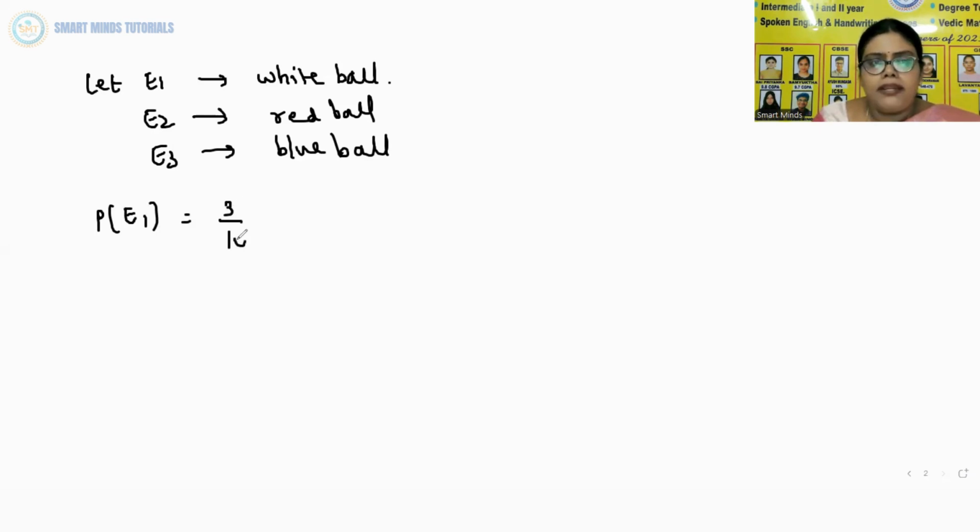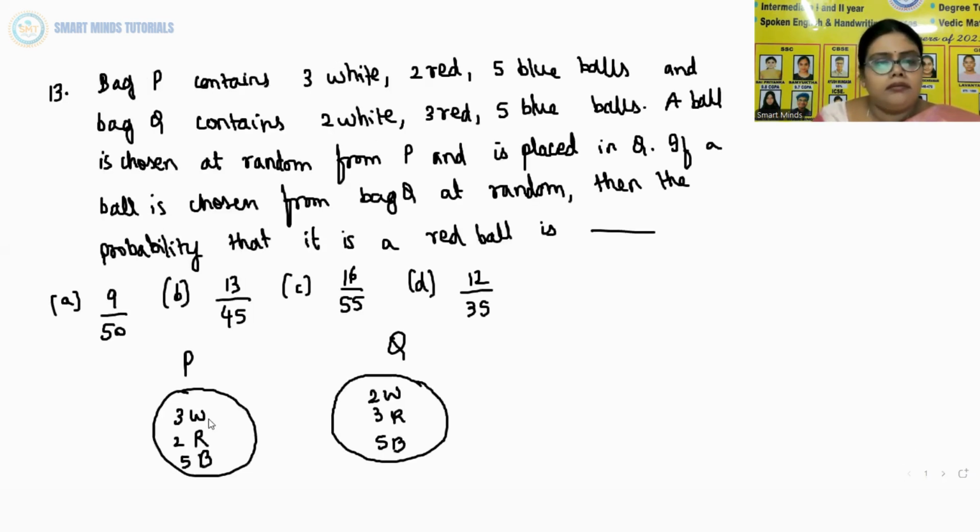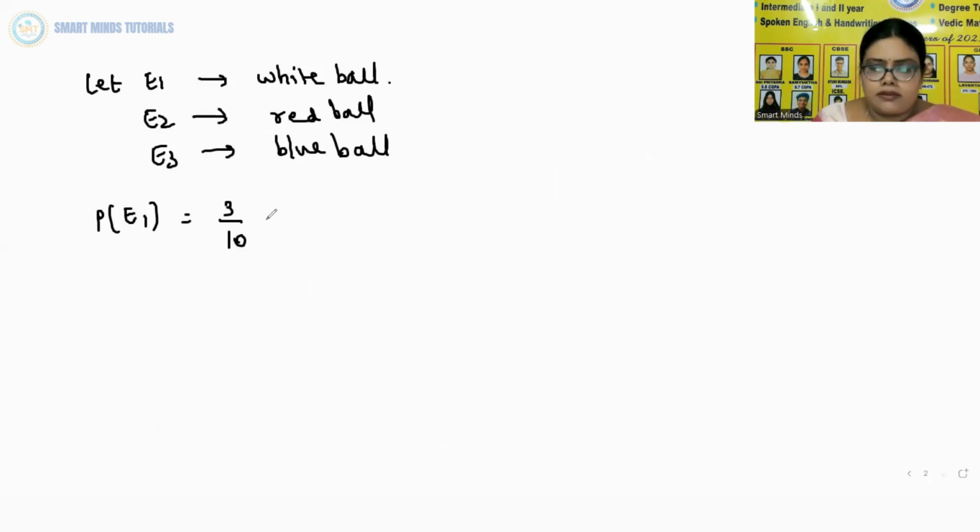That is 3 by 10. How 3 by 10? Over here you have three white balls and on the whole you have 10 balls. P of E2 is 2 by 10 and P of E3 is 5 by 10.